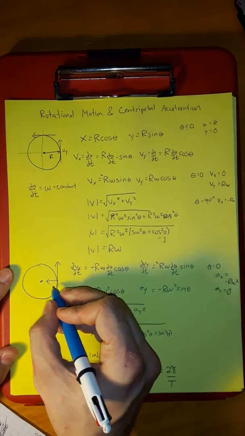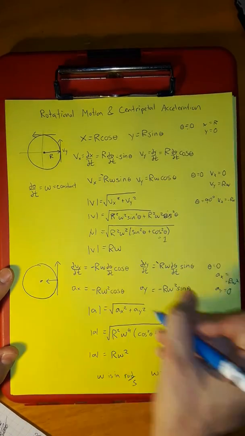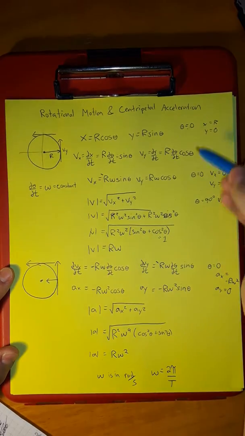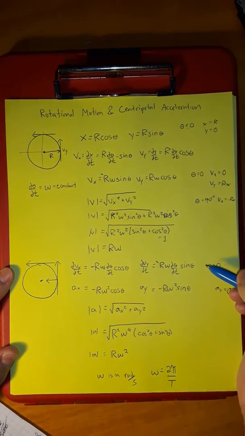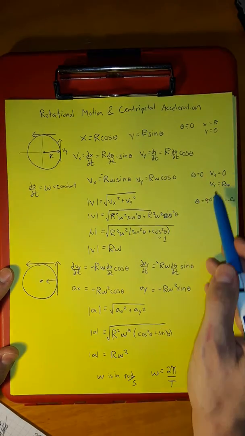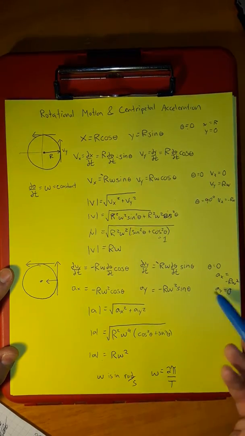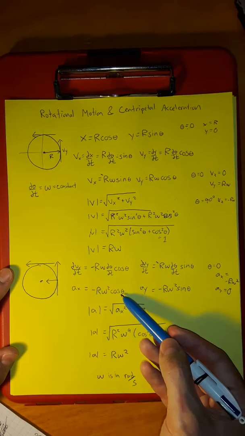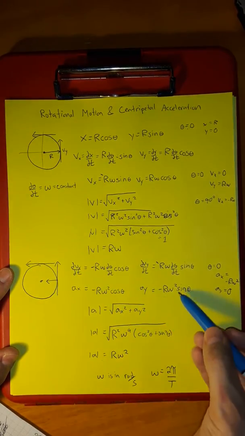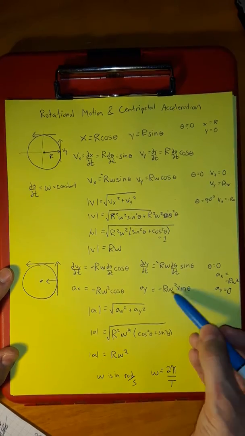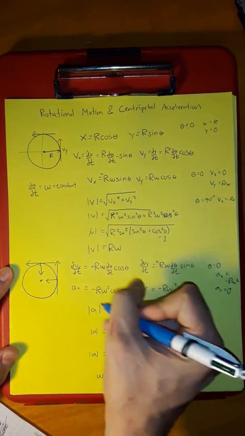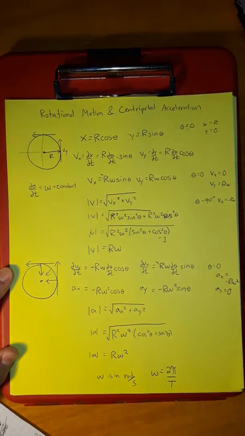Since acceleration, no matter what direction we're in, is r omega squared, let's look at one more direction. This is for theta equal to 90. Subbing this in, cosine of 90 is 0, there's no x component for the acceleration, sine of 90 is 1, it's going to be negative r omega squared, so pointing down here. Of course we know at any time it's to the center.